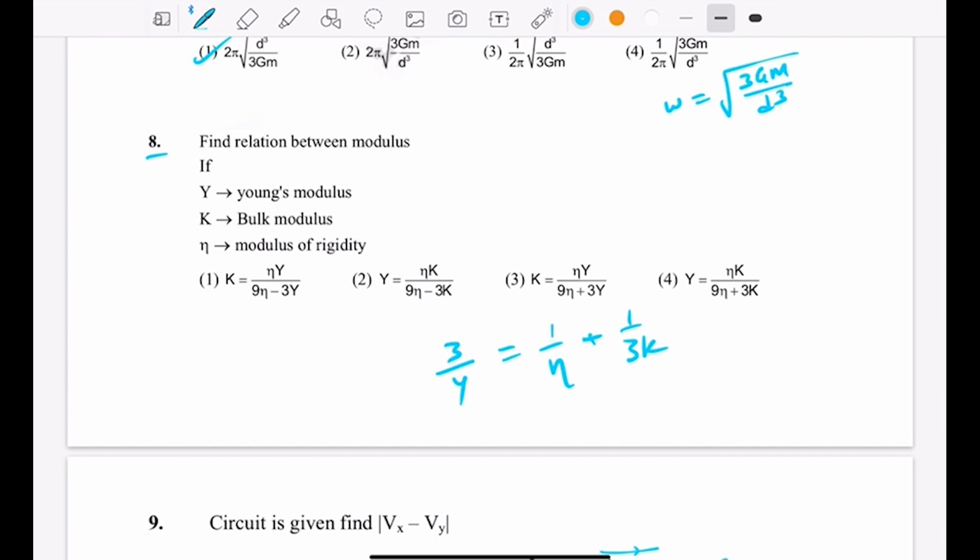From here I need K. K is equal to 3 by y minus 1 by eta equals to 1 by 3k. From here, 3 eta minus y by eta into y is equal to 1 by 3k. It goes that side. Yeah. That's it. I got it.